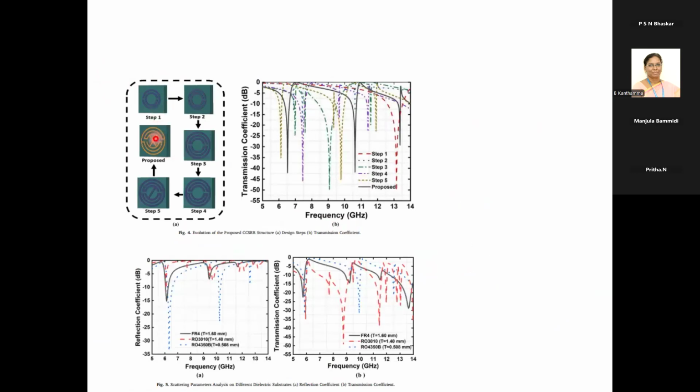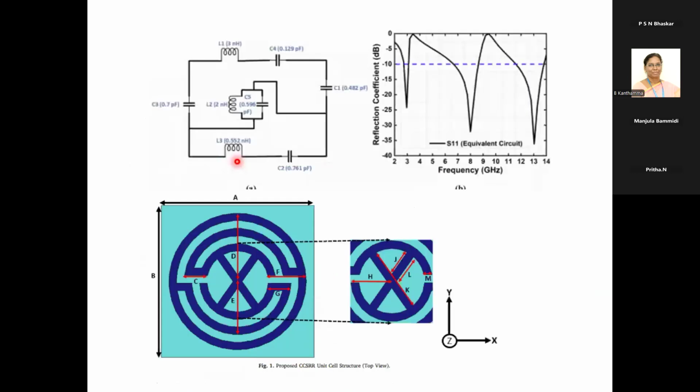You can provide additional splits and additional rings, by which you get additional resonances, and the overlap of resonances enhances the bandwidth, or these resonances give multi-band operation. This is one such type of structure.